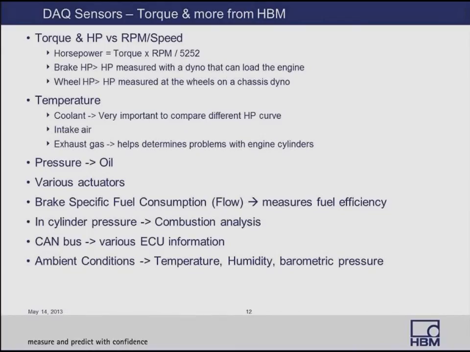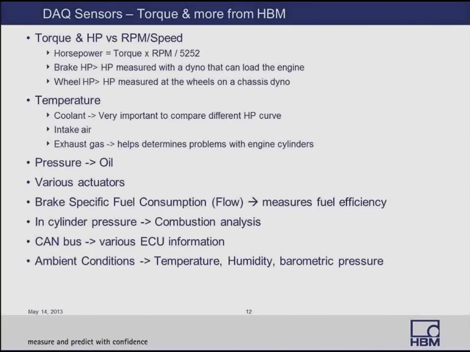As you know, HBM is a premier vendor of various types of sensors, including torque and strain gauge and load cell, etc. Torque is what's measured in a dyno application, and horsepower, or more popularly known as power, is actually calculated. So torque and RPM are measured, and power is calculated using torque times RPM divided by 5252.